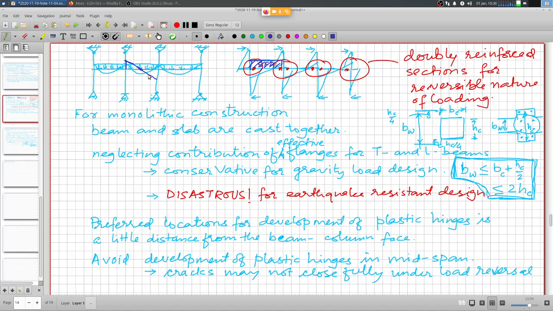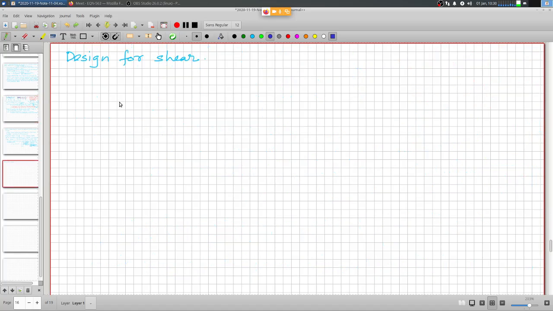You need to look at the shear force arising due to earthquake effect and combine it with the gravity load shear force, and then provide the shear reinforcement. This entire shear force has to be withstood.